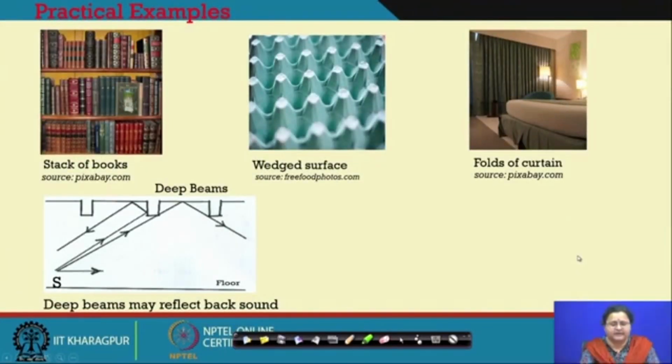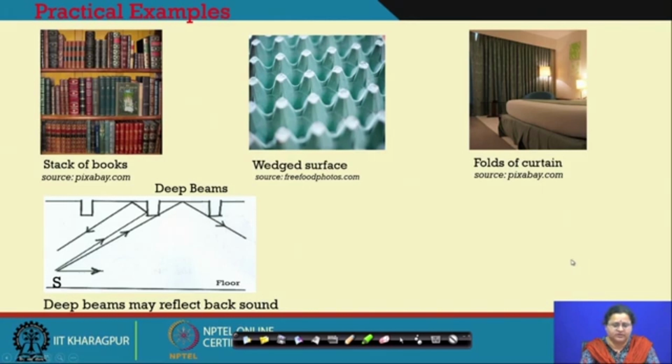We can see other practical examples, that is in structures you may have deep beams within your big space. Say it is a multipurpose room, you have very close beams which are quite deep. Here you can see formation of a flutter also, and some sound gets reflected and some gets rebounded back towards the source.